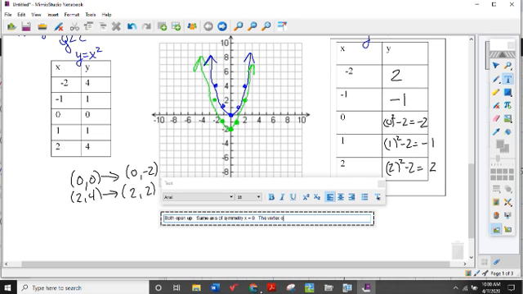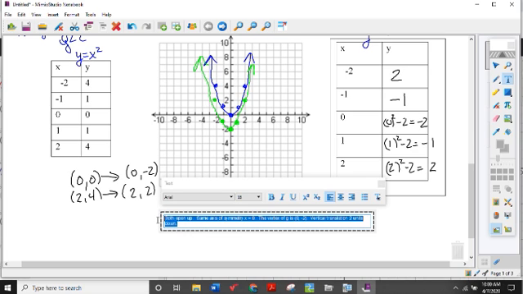The vertex of g is 0, negative 2, so that's different. That means it's a vertical translation 2 units down.